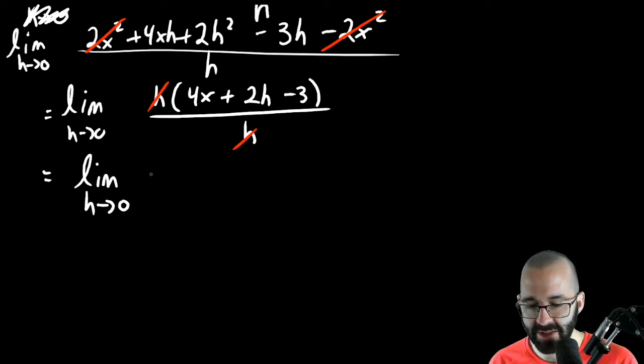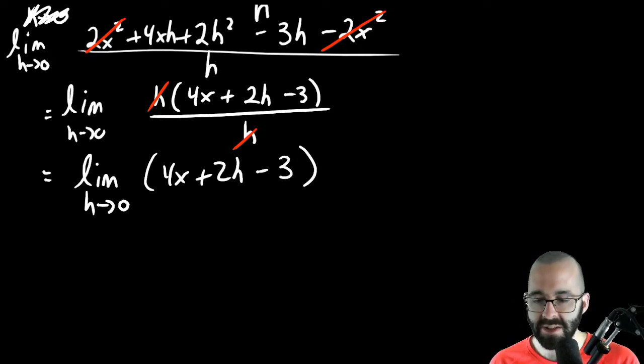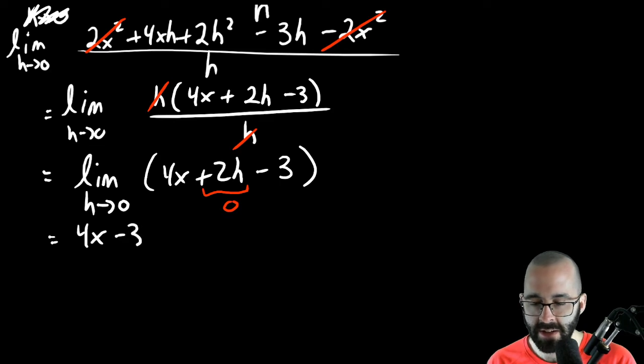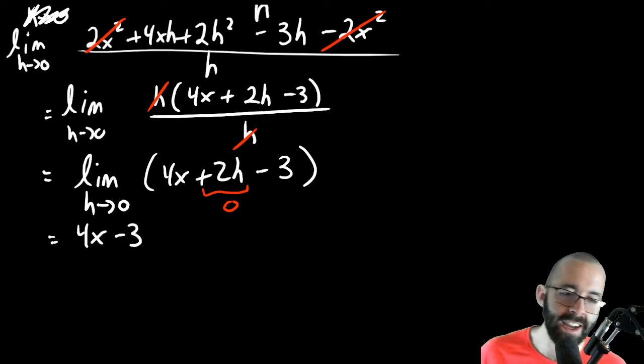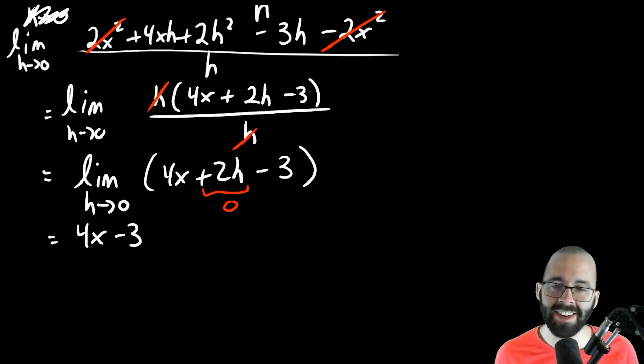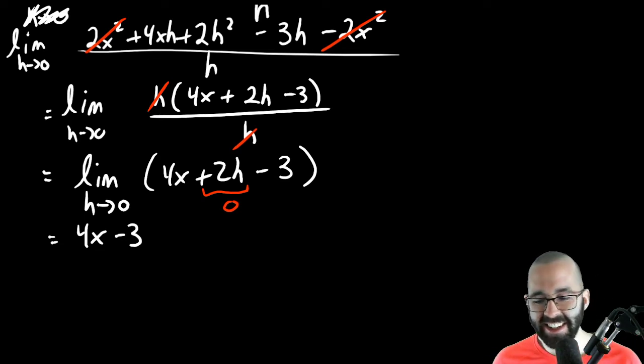Limit as h goes to 0 of 4x plus 2h minus 3. Well, as h goes to 0, we can just plug in 0, and this term goes to 0. It's just 4x minus 3. Oh, and then you give a sigh of relief and say, hooray, we're done. But you're not. You got to do this again.